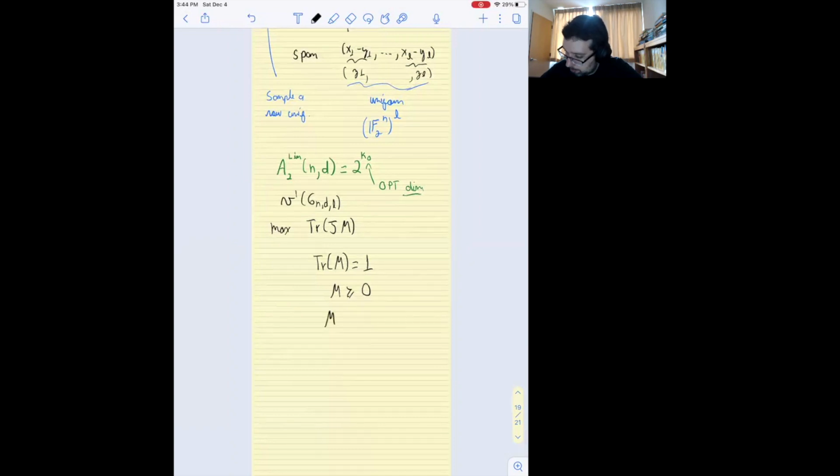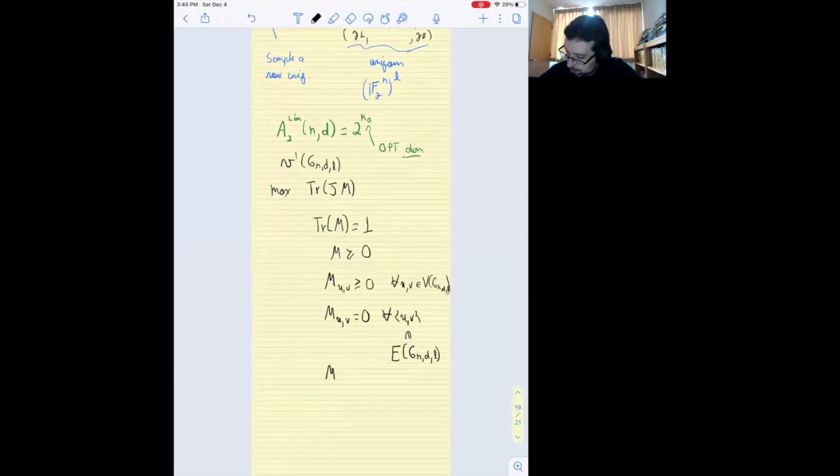We want all the entries UV to be greater or equal to 0 for every choice of U and V vertices belonging to V of the graph G and D, L. We need to set things to 0: we have M of U, V equals 0 whenever it's an edge in the exclusion graph, for every pair UV that's an edge in the exclusion graph G and D, L. Recall that M is a matrix indexed by V by V, the vertices of the graph.